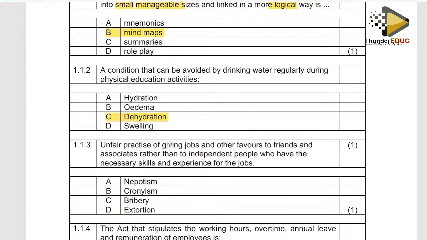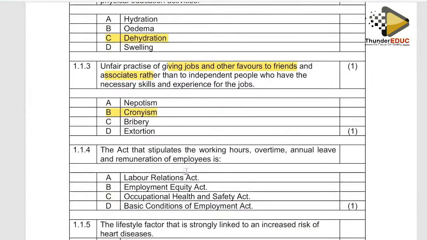The unfair practice of giving jobs and favors to friends and associates at the expense of people who have necessary skills and experience for the job. Such a practice is known as cronyism, simply because friends and associates are known as cronies. So this practice is a type of fraud, or rather a type of corruption, which is known as cronyism.